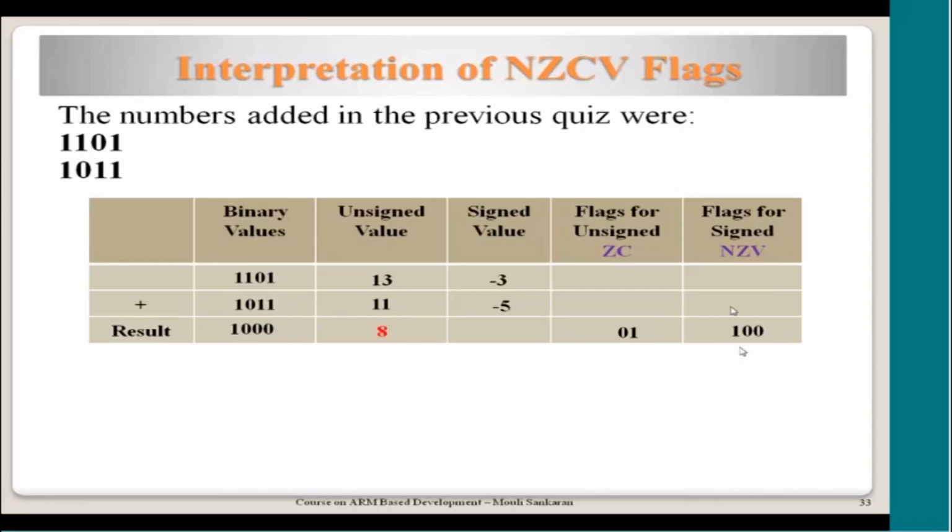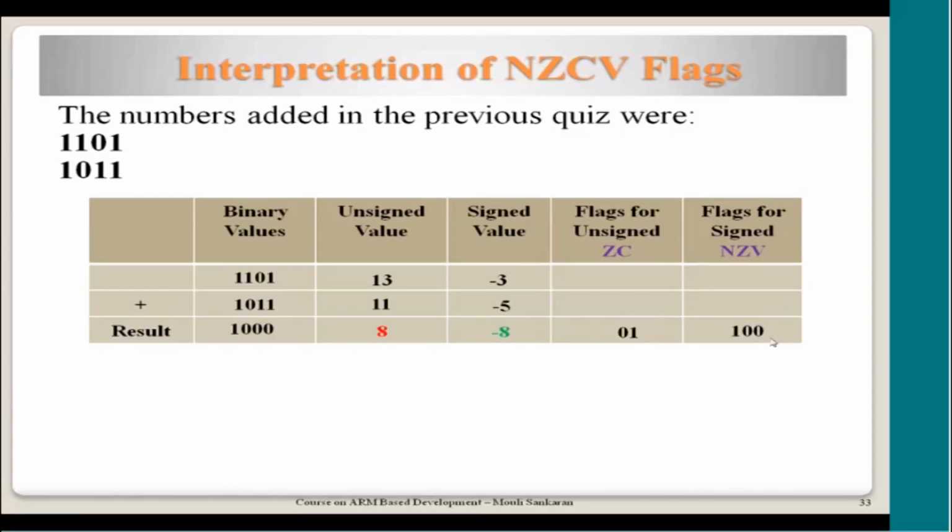Now you see here the overflow flag is clear, whereas the sign bit is 1 because this is 1, and the zero flag is already 0. You are seeing that, and the overflow flag is clear. That means the signed arithmetic can be represented in this 4 bit, which is -8. Now how do we know? Most of you might have got it right, or some of you might have got it wrong.